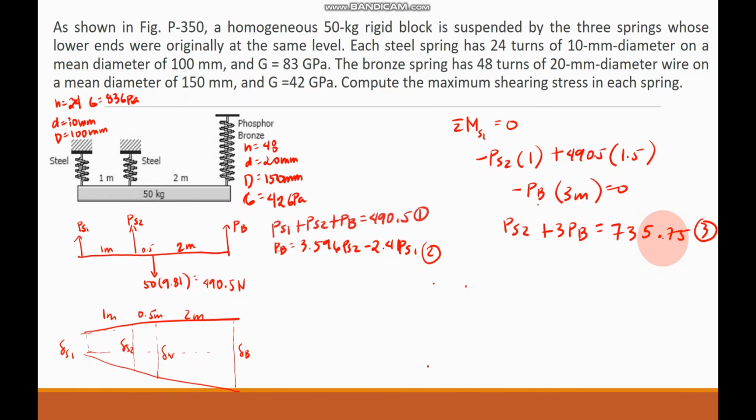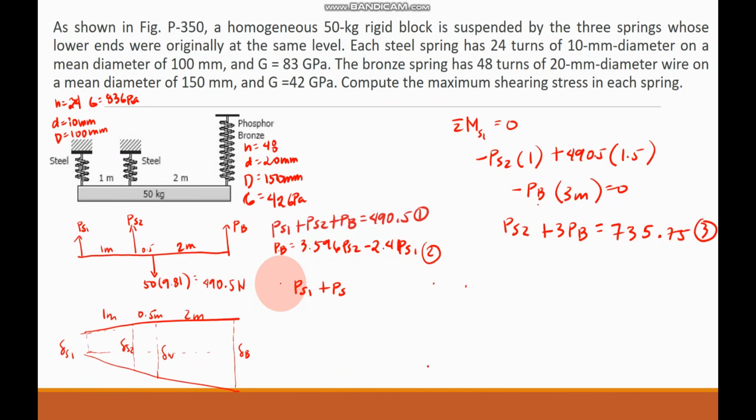So, we have 3 unknowns, we have 3 equations, therefore, we are now ready to determine the values of each of forces. So, let us substitute the value of PB at this point. So, using equation 1 and 2. So actually, we can use our calculator in solving that. So if we will use our calculator, let's go to mode 5, 2. And then, i-rewrite lang natin in terms of sa pagkasunod-sunod.